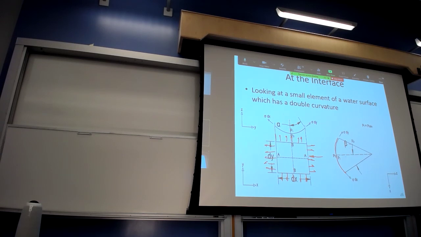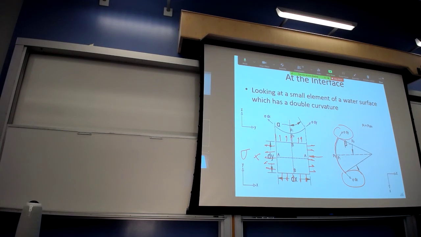That's what's operating all along the edge because we cut the coupon away from the rest of the meniscus. And so these are the forces that are happening in the x and y dimension. So again, you have surface tension times dy pulling on the left and the right, and the surface tension times dx pulling on the top and the bottom.